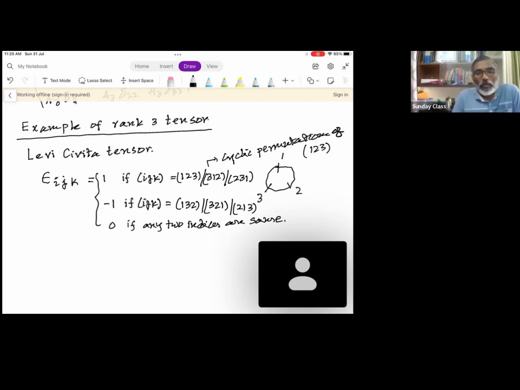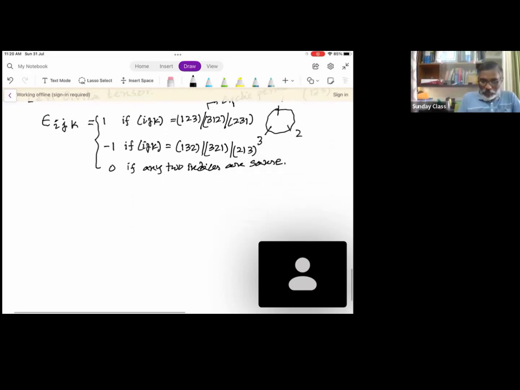Okay, so as you can see, please try to understand this definition. This definition says that it's a third rank tensor, so this is rank 3. So the number of components is equal to 27.